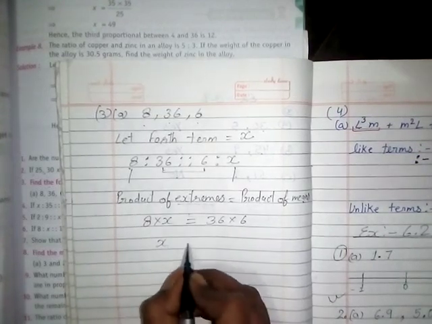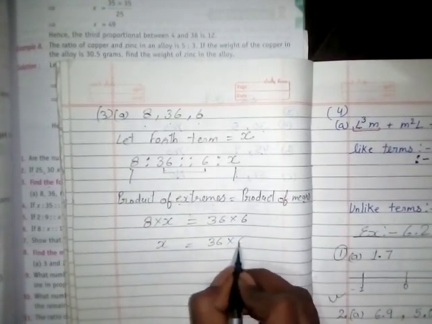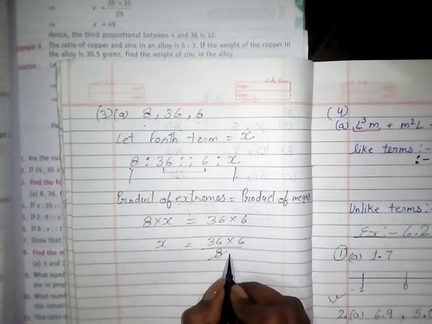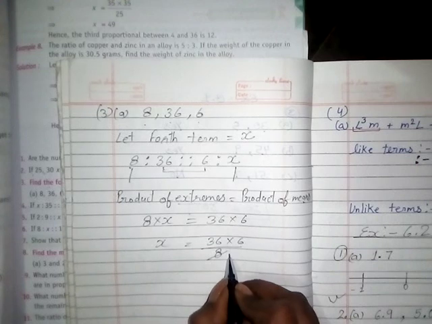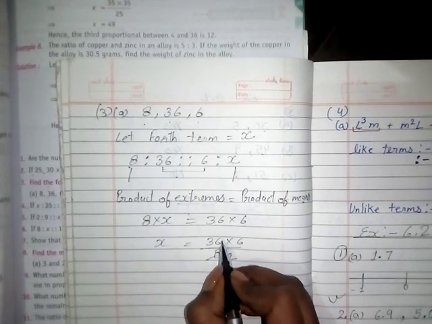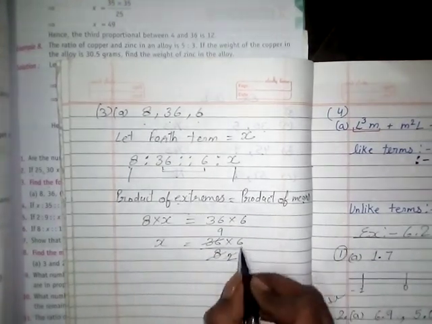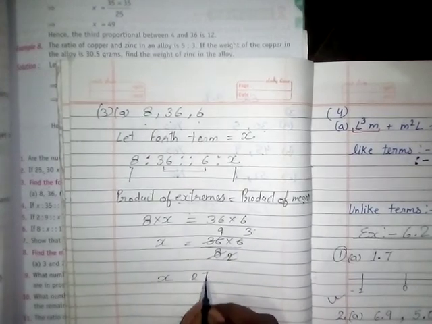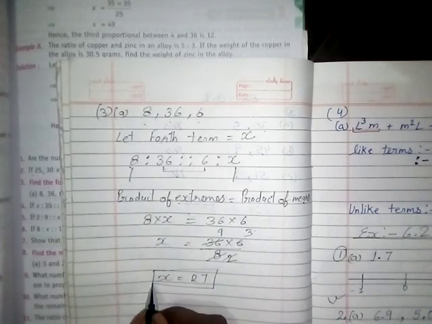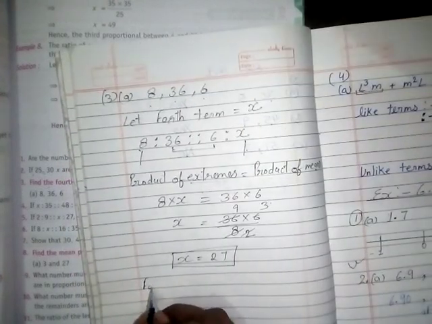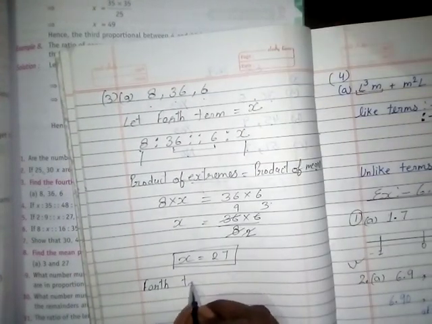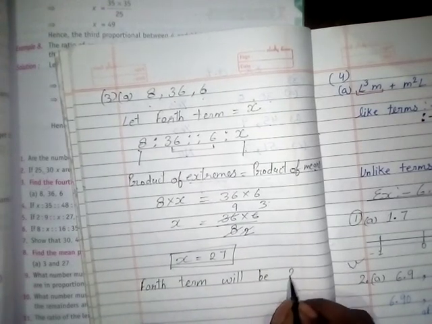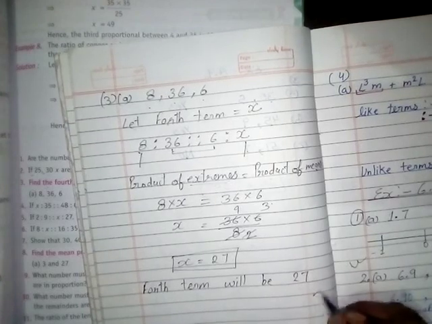Here we will write x equals 36 times 6 upon 8. Dividing: 4 twos are 8 and 4 nines are 36. 2 threes are 6. Here we got 9 threes are 27. So the fourth number will be 27. So we can write here the fourth term will be 27, and thus we got the answer.